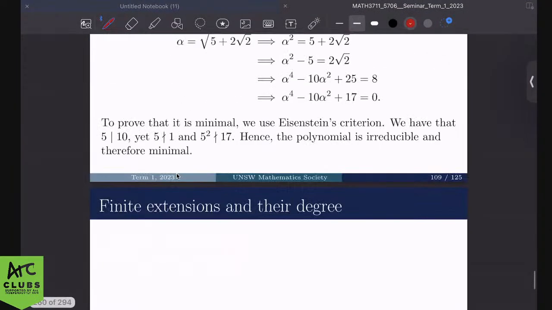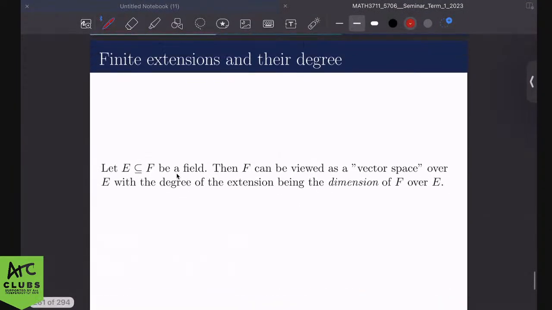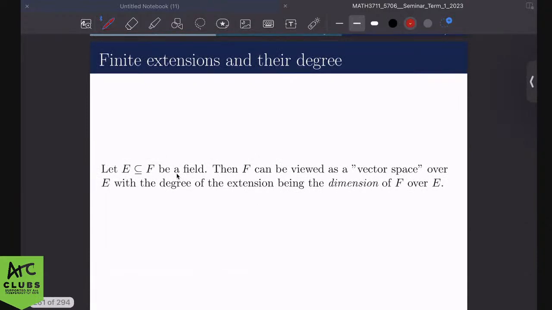All right. So now we're going to talk about the degree of an extension. So if you look at E, a subfield of F, and F an extension of E, then you can think of F as a vector space over E, right? And the reason why you can do that is because, okay, let's think about the degree of the extension.